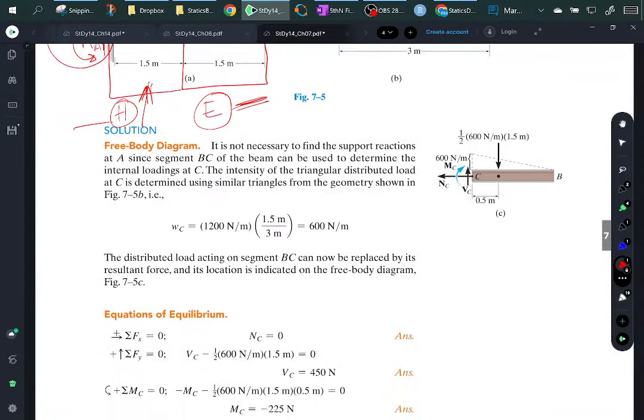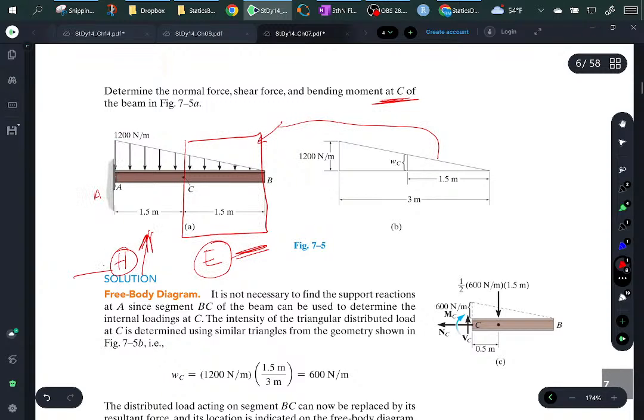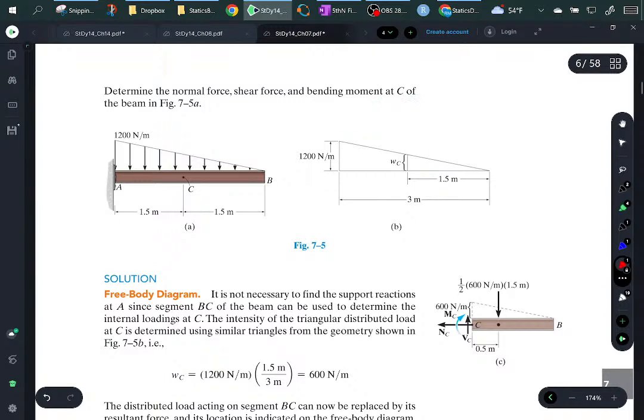So you do a free body diagram. There's an easier way. And these being equal, I would venture to say this is going to be 600 newtons per meter here at that midpoint.